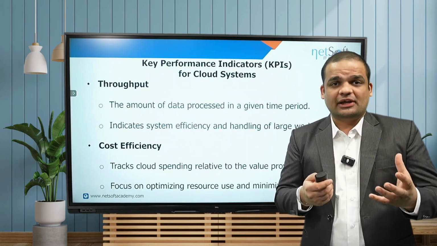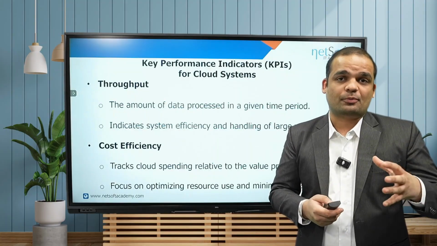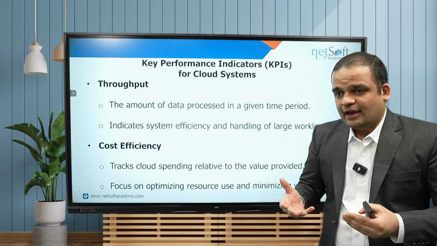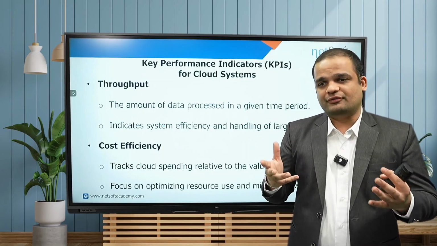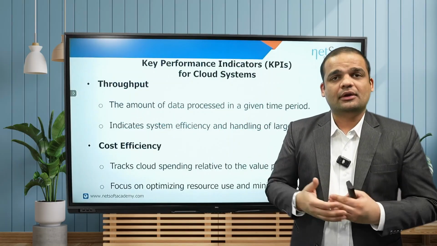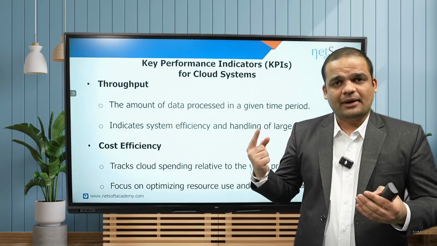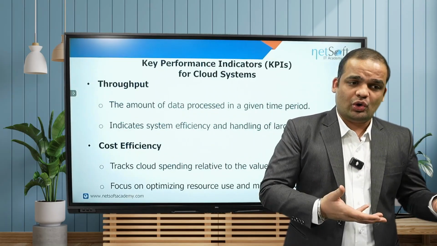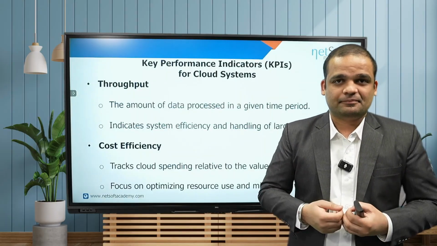This is especially important in the case of the pay-as-you-go cloud pricing model. So well, let's say AWS allows you to store 1 terabyte of data for, let's say, $100, and Azure allows you to store 1 terabyte of data for $90. In that case, Azure is giving you more cost efficiency.